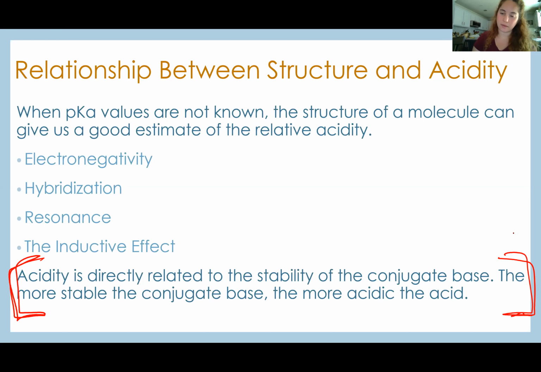So the more stable our conjugate base is, the more acidic the acid will be because it'll be more comfortable separated from its proton. So what we're looking at in all of these factors is that these all somehow stabilize the conjugate base. They all contribute to the relative stability of the conjugate base and the weakening of the bond between the base and the proton.